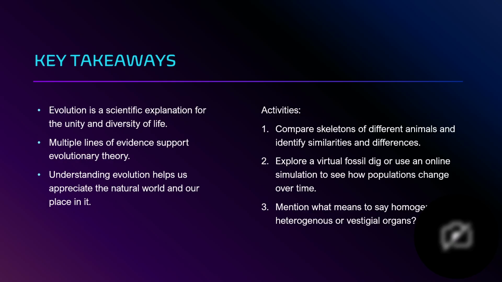If you have a chicken with bones, like a chicken thigh, compare the skeleton with other skeletons and see the unity and the diversity between them. And I want you to mention the meanings of homologous, which means look alike, heterologous, which is different, and vestigial, which is not in use anymore.